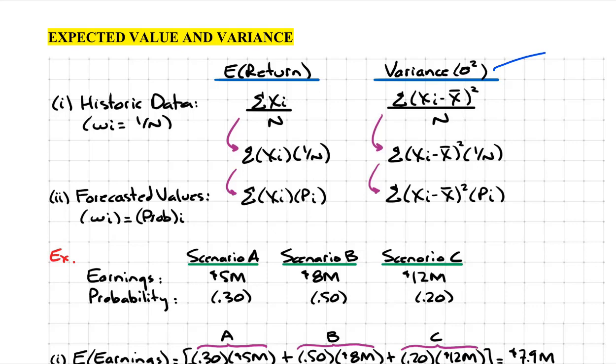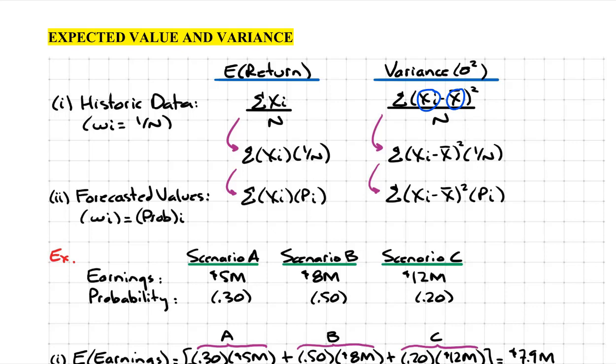So if we're using historical data, first of all, variance is the average dispersion of individual observations around the mean. So what we do is we add up all these dispersions. That's what that says. And the other thing you'll notice is that we have a square there. And here's why. Because when you're comparing individual observations relative to the mean, some of the observations will be above the mean, some will be below the mean.